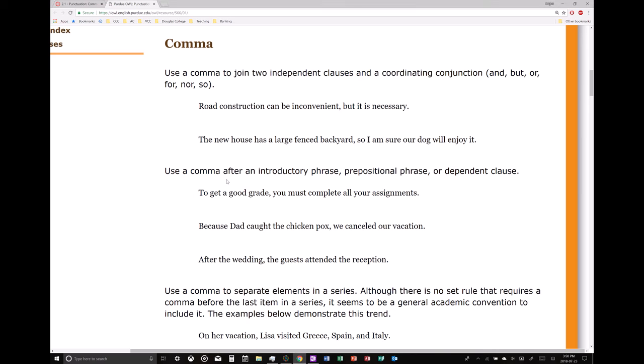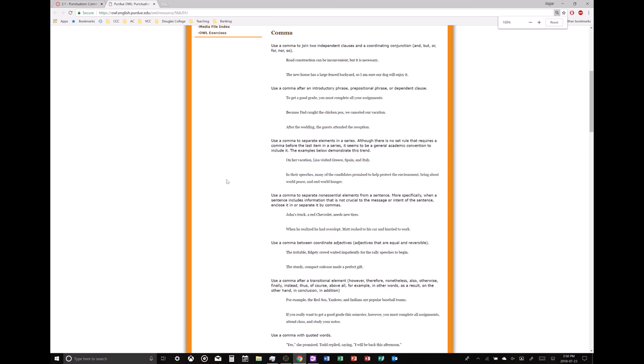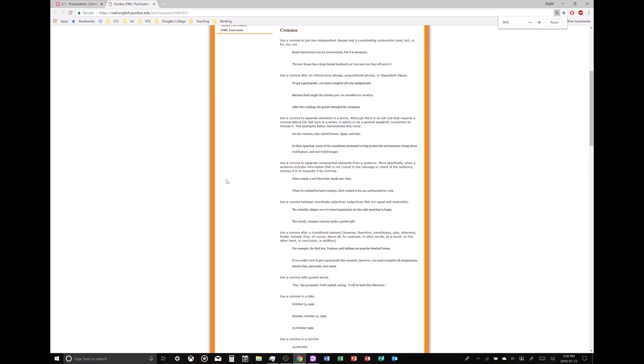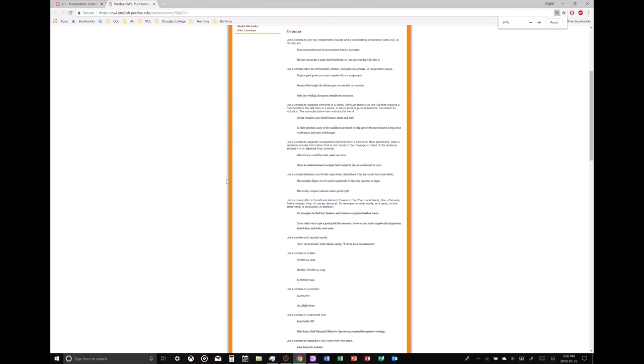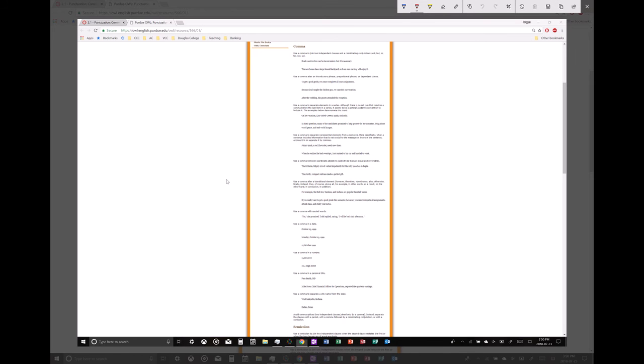So I'm going to make this smaller. See if I can fit all the commas in there. Wow, look at that. It's so small you might not even be able to read it, but I'll list the rules for you. Here's one rule, here's another rule, here's another rule, and another one.